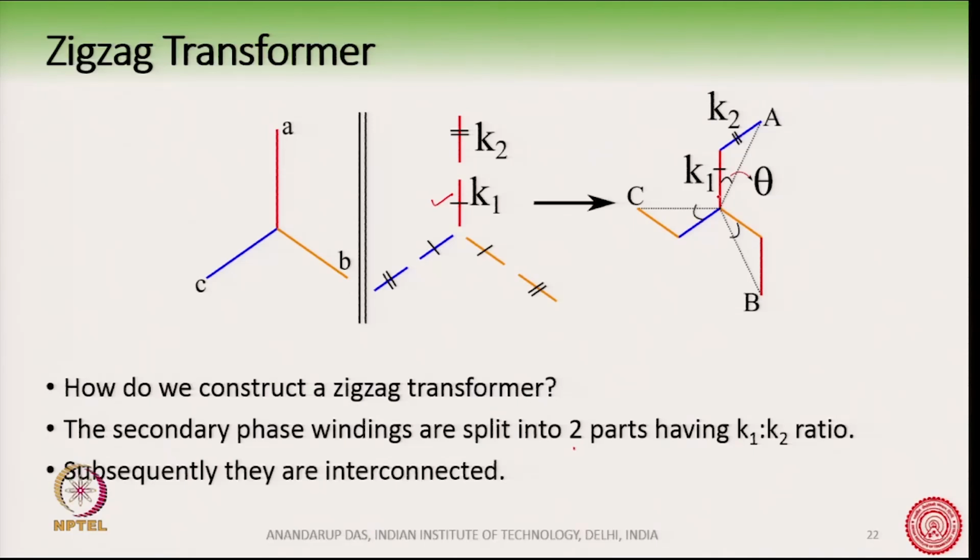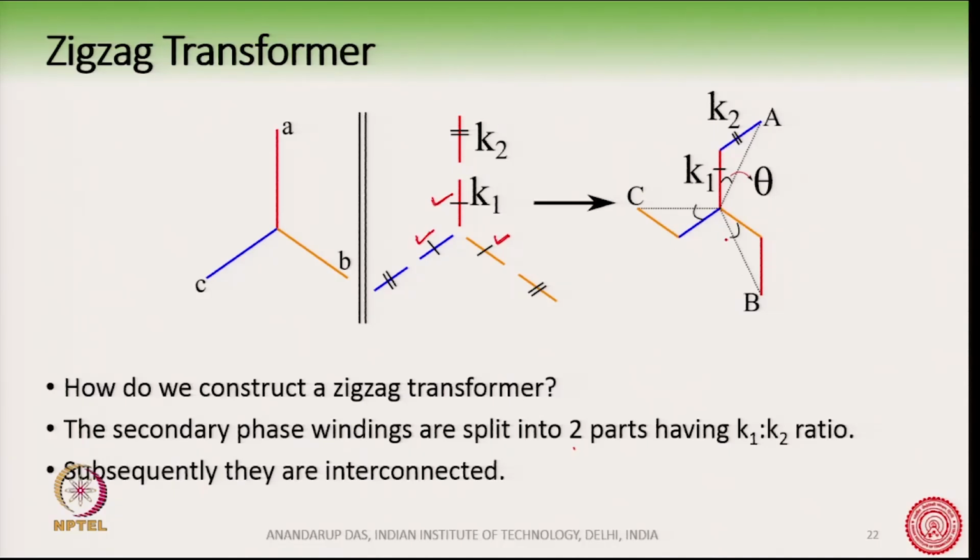Similarly, we take this winding and draw it here, and we take this winding, the blue one, and draw it here, and then we connect one side of the windings to form the star point here. So, we have taken this winding, this winding and this winding, and we have formed this one and this one.